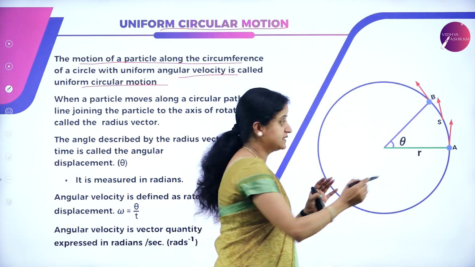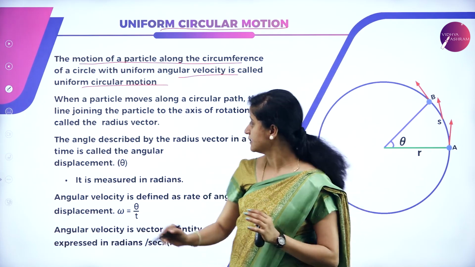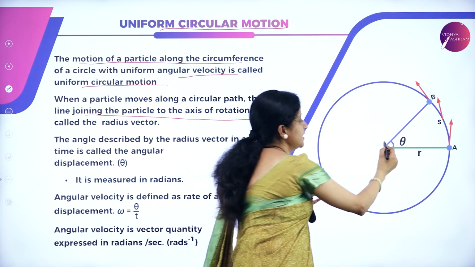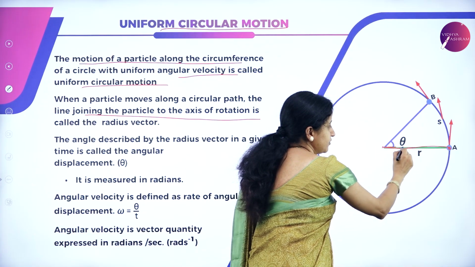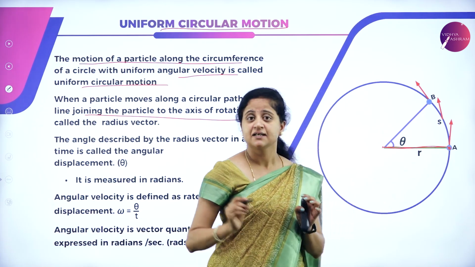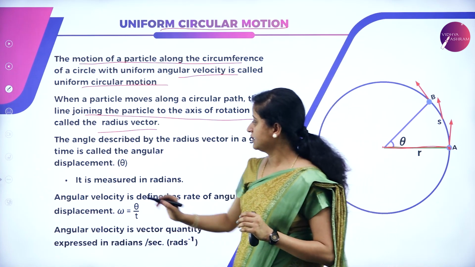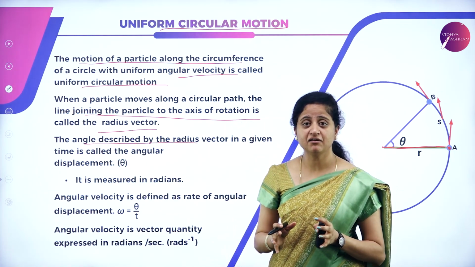So when the object is travelling in a circular orbit, the line joining the particle to the axis of rotation, we will call it the radius vector. The next important term is the angular displacement. What is angular displacement?